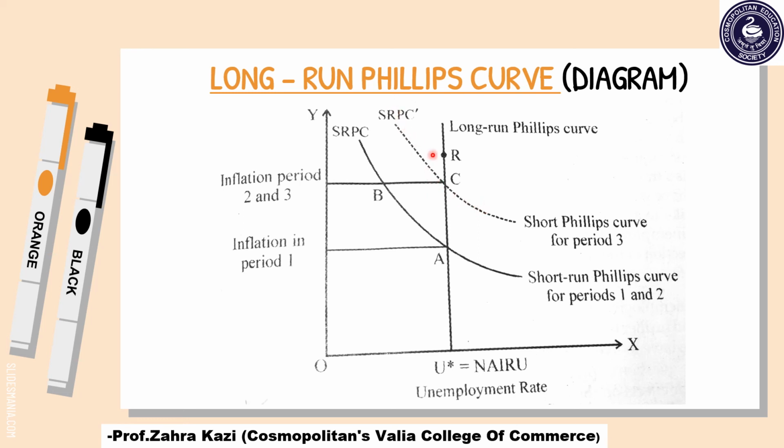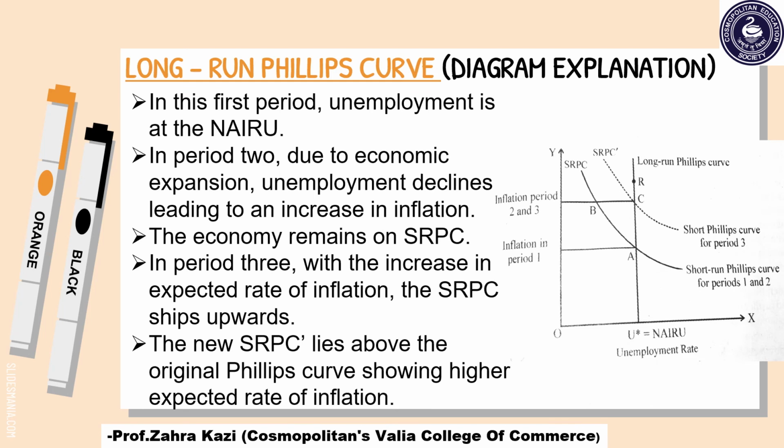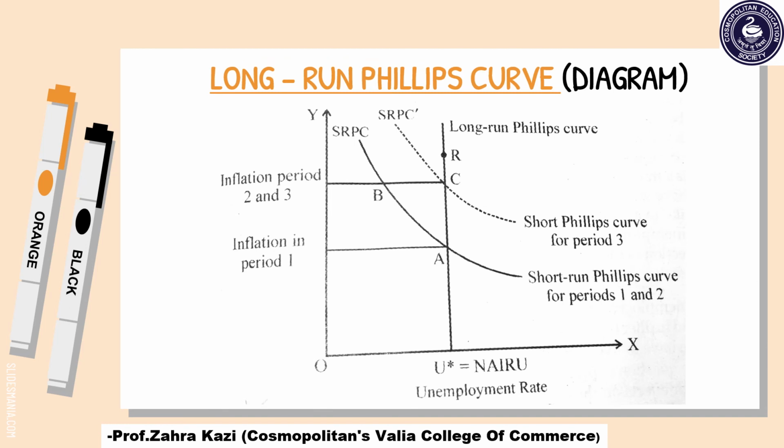The new SRPC dash curve lies above the original SRPC curve, showing a higher expected rate of inflation. Further, now the economy moves from point A to point B. So at point B, the economy has a lower rate of unemployment along with a higher rate of inflation. All this takes place on the SRPC curve.